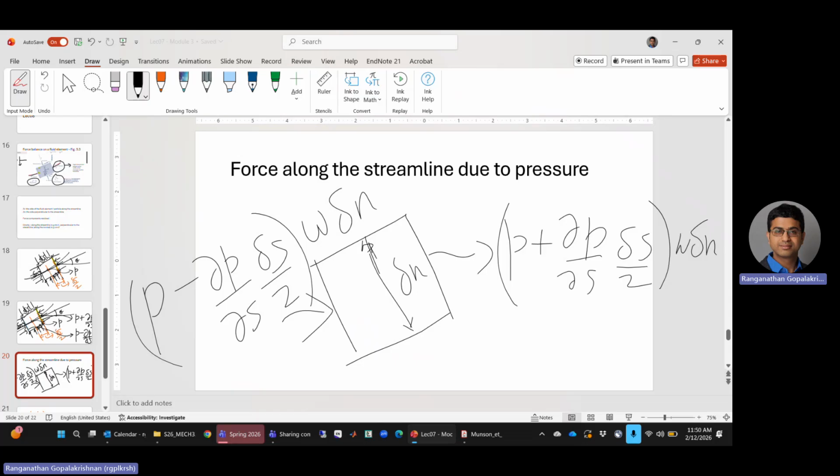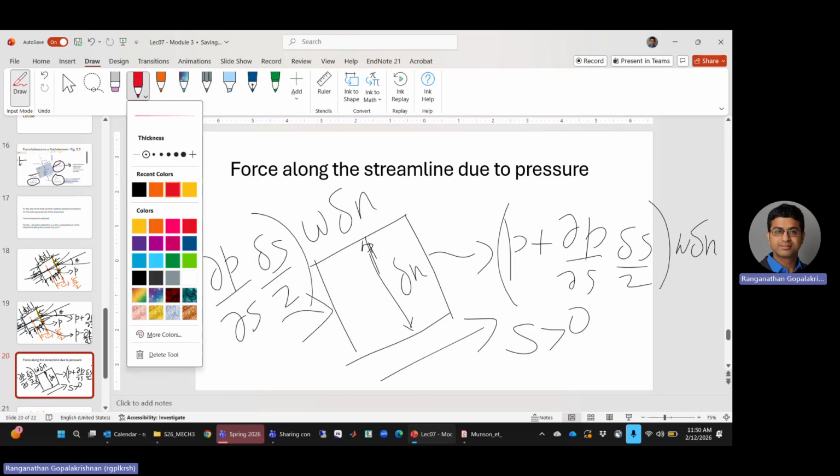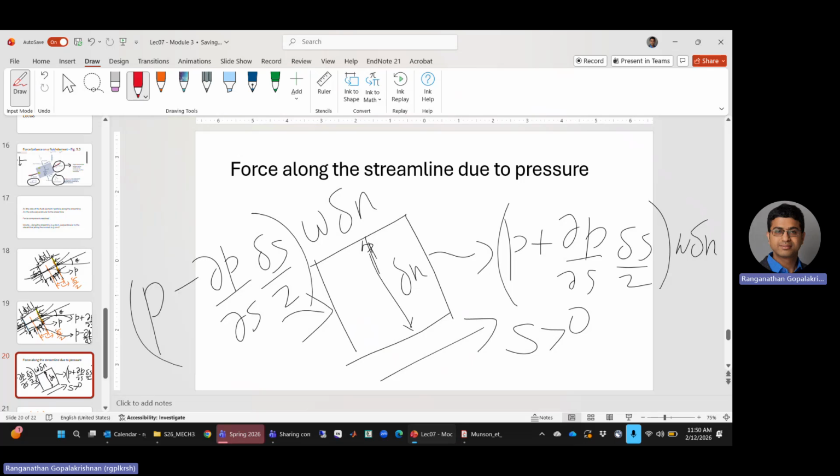Subtracted. So if you consider this direction to be the positive direction of S, what is the direction of this force? What is the direction of the compressive force on the left side and the right side? Both forces are like this. They are trying to compress the element.